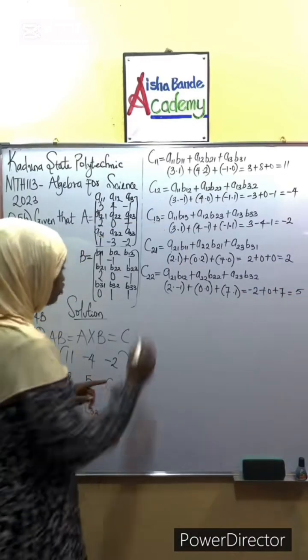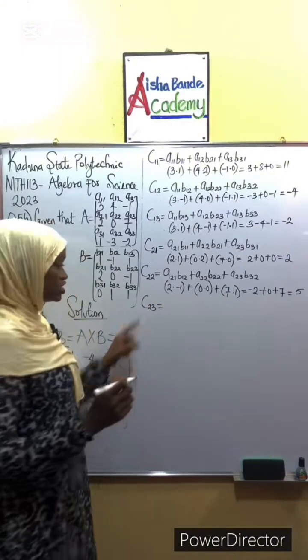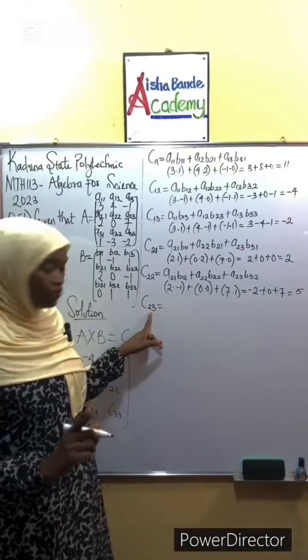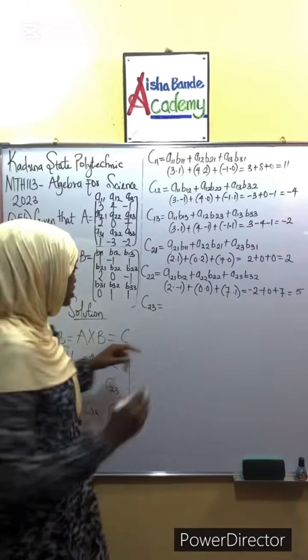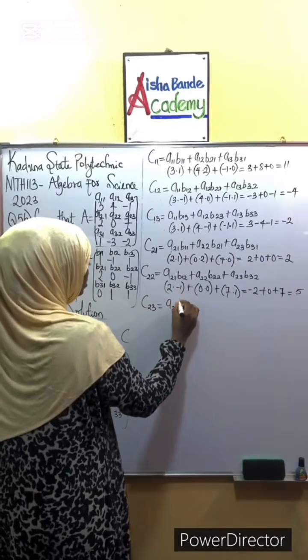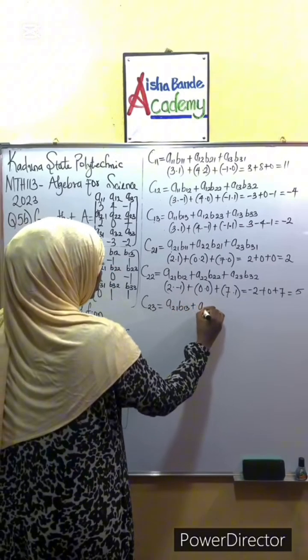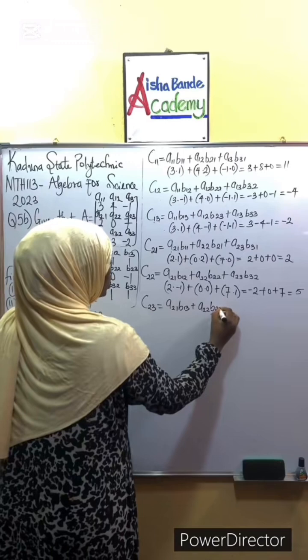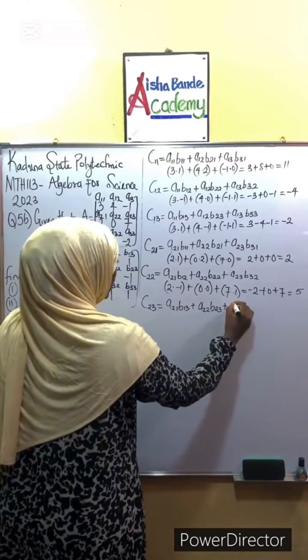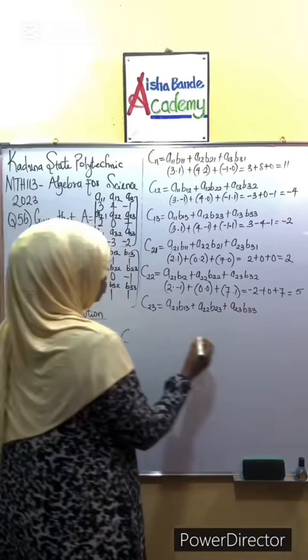Okay, so moving on to the next one, which is C23. C23 means second row on matrix A, third column on matrix B. So let's continue. This is going to be A21 B13, plus A22 B23, plus A23 B33. So let's substitute.